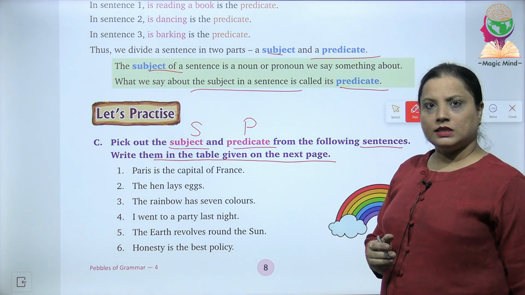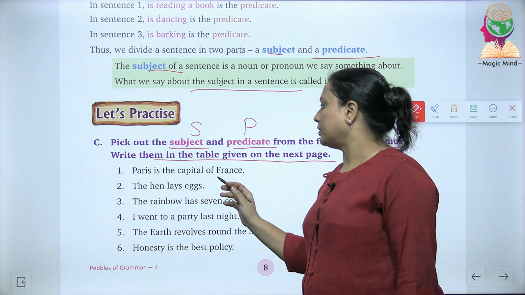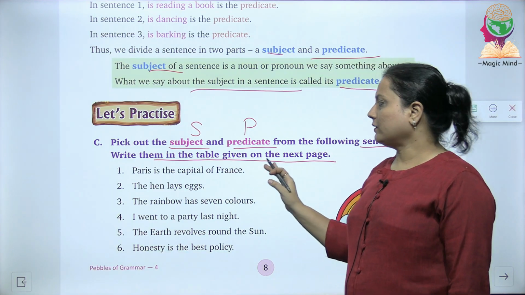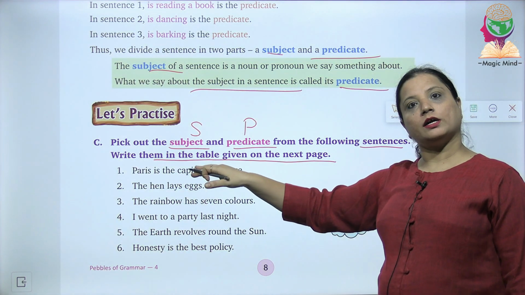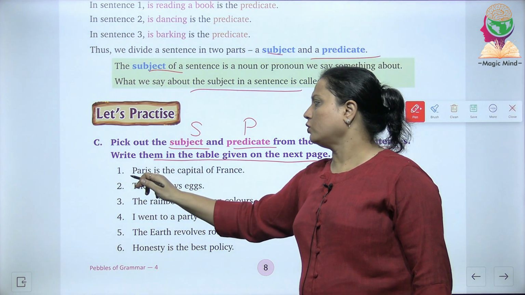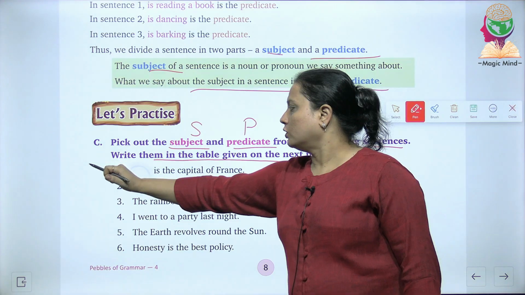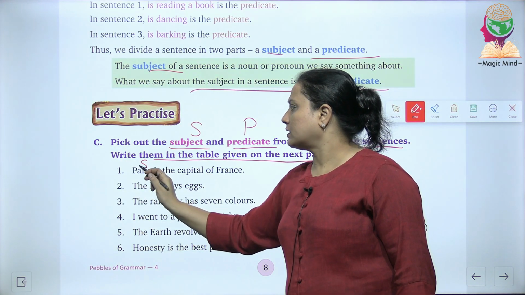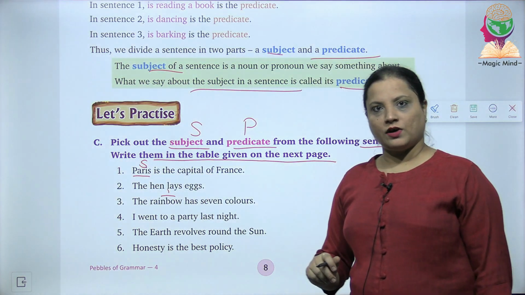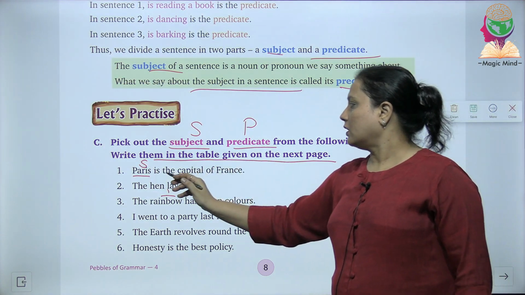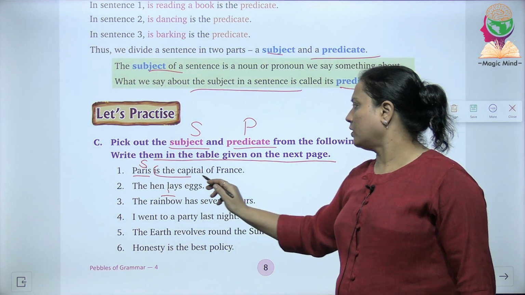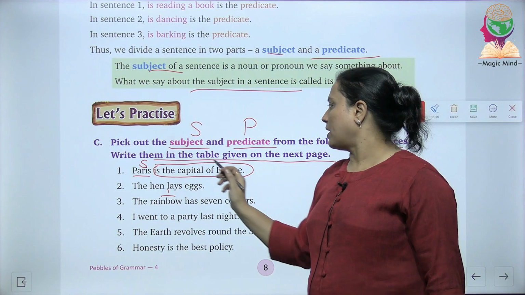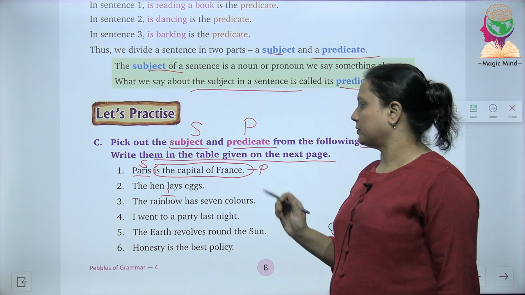The first one is Paris is the capital of France. Now in this statement, about what we are talking? We are talking about Paris. So this is actually the subject. Fine. And this part from here till here, this part is the predicate.